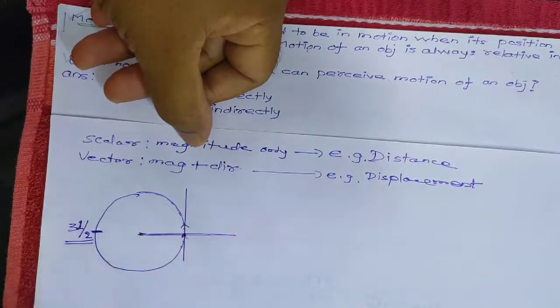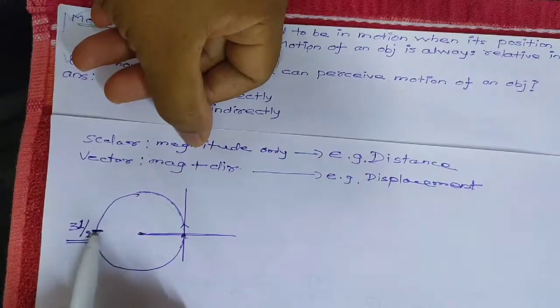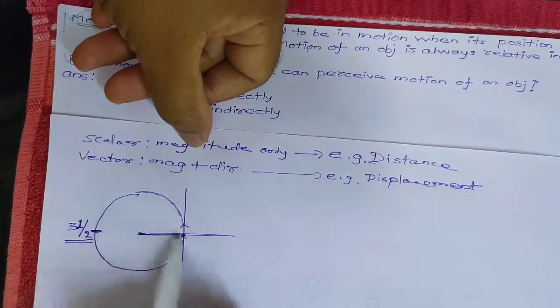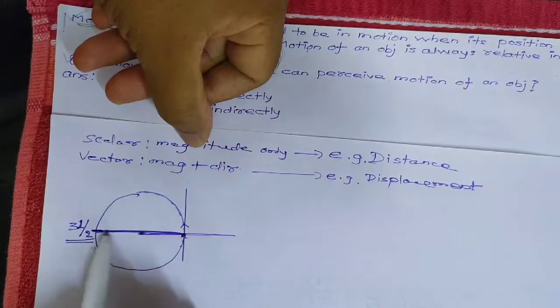After completing 3.5 rounds, what is the position of the person? It is just the diameter. How far is it from the reference point?